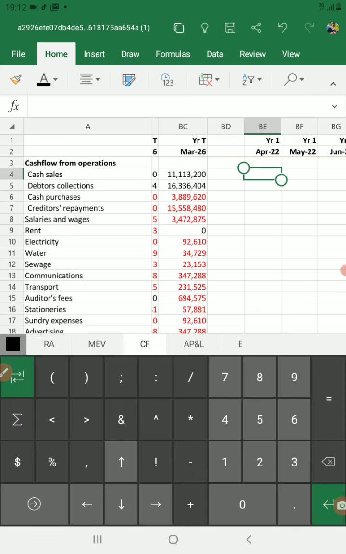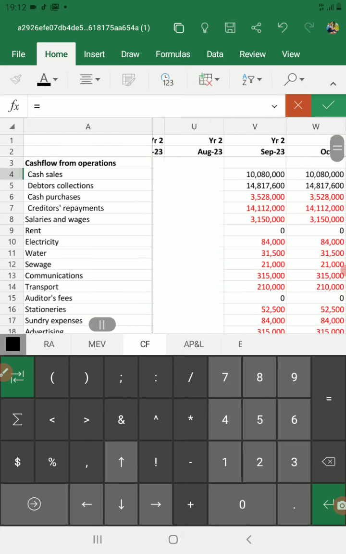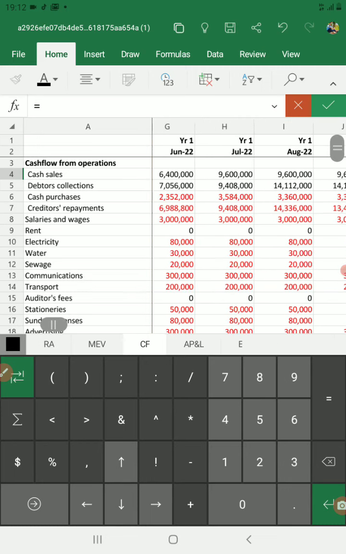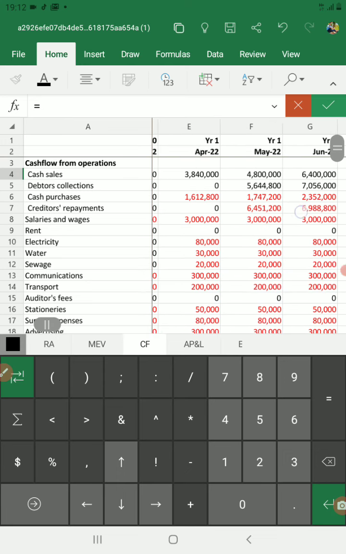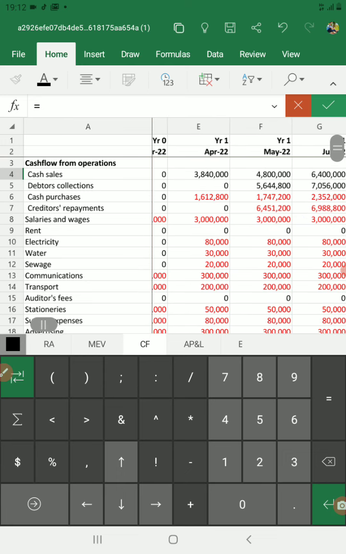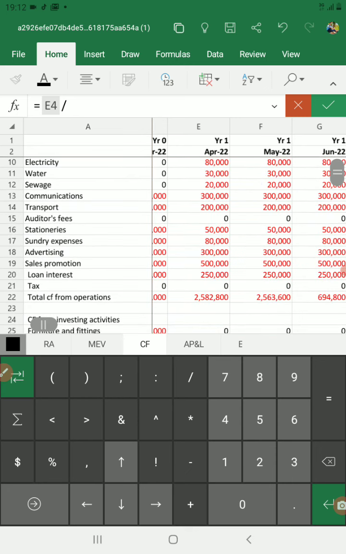So I start with the equal sign and pick the cash sales figure for April, beginning of year 1, and then we divide it by total cash flow from operations, which is E22.